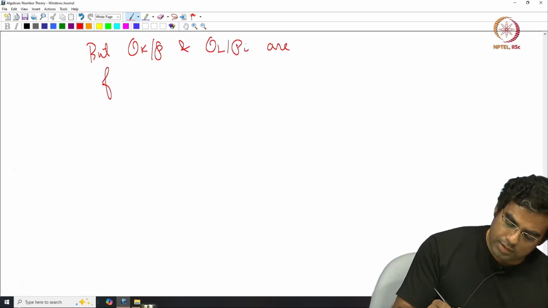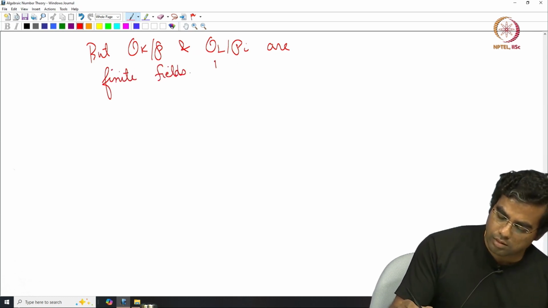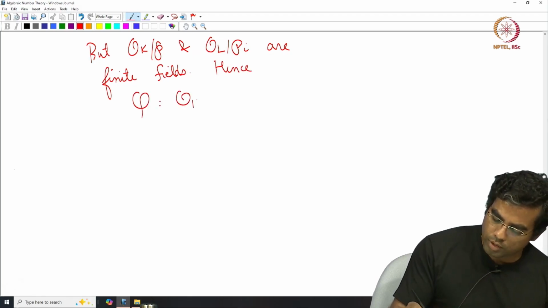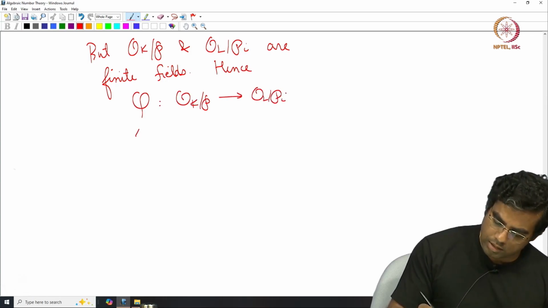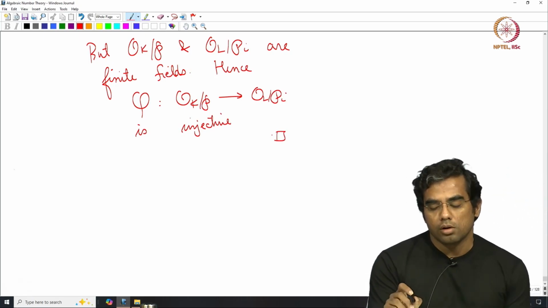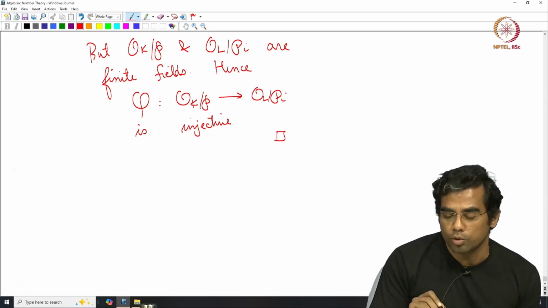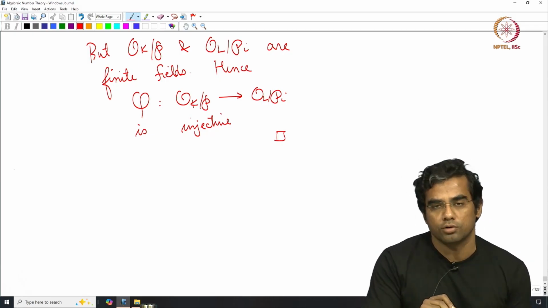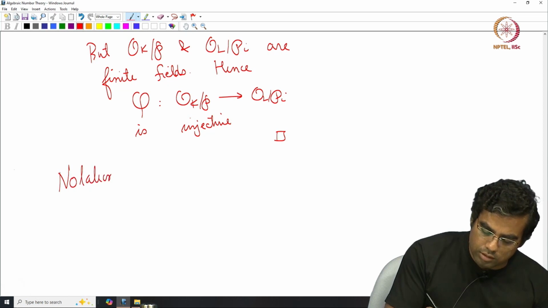These are finite fields, hence phi from OK mod P to OL mod Pi is injective, and that is what it means for OL mod Pi to be a field extension of OK mod P. So, here is some more notation.